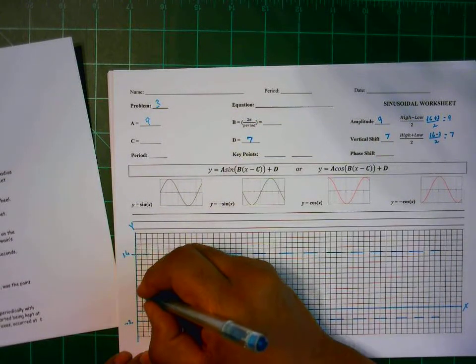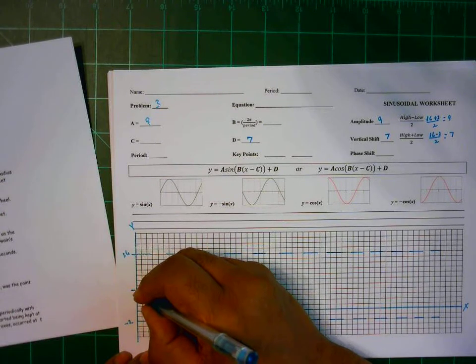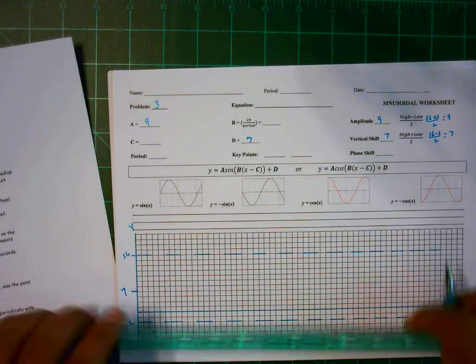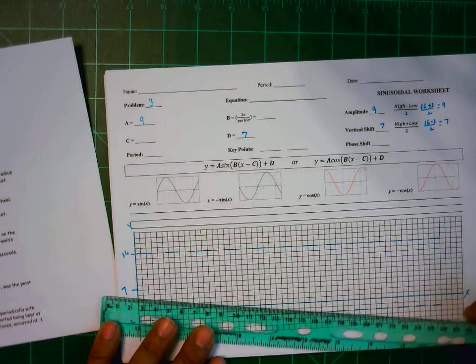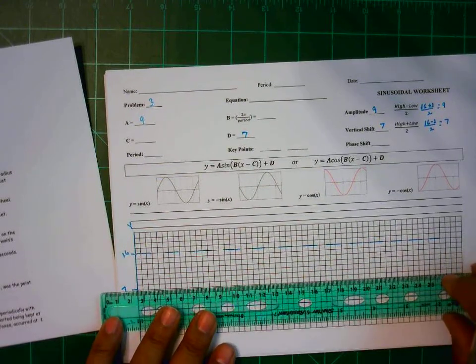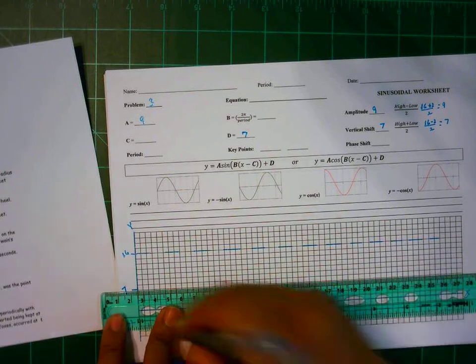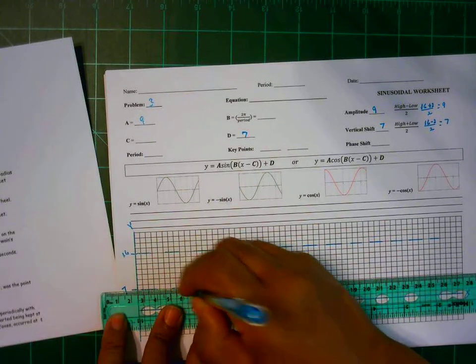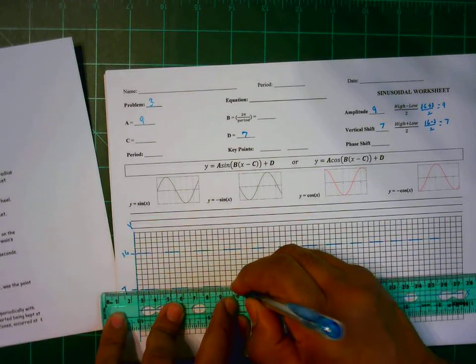So +7 will be about right here. Call that 7. This is going to be our D value. Now this is the shift in the x-axis, so we're going to call this x prime.